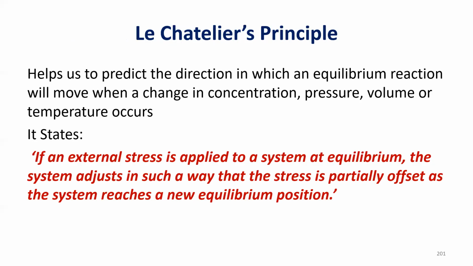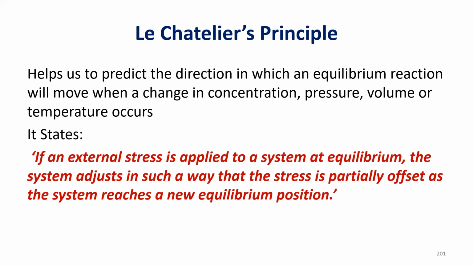There's a principle which is called Le Chatelier's principle. Maybe you have come across it in your chemistry career somewhere. It essentially helps us to predict the direction in which an equilibrium reaction will move when a change in any of the variables takes place. So changes in concentration, pressure, volume, or temperature.